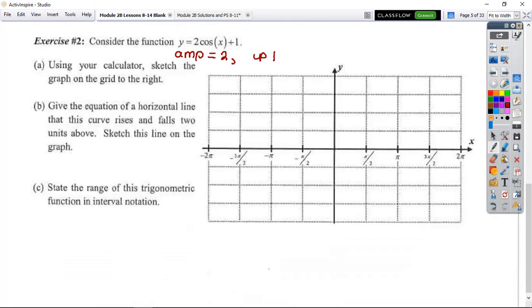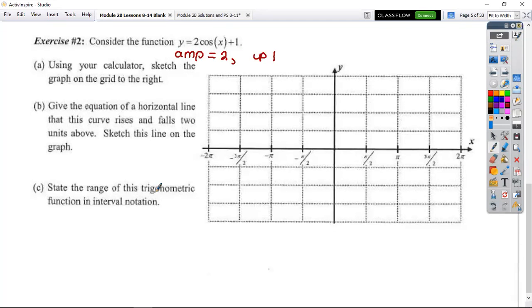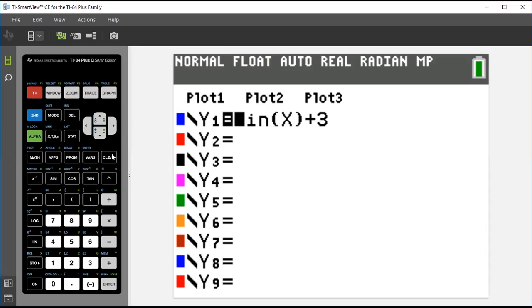So this goes right in the calculator again, because you don't have a graph to translate based on. So I'm going to go to the calculator and I'm going to type in 2 cos x plus 1. So 2 cos of x, close the parenthesis, please, and then plus 1. And then you're going to hit graph.